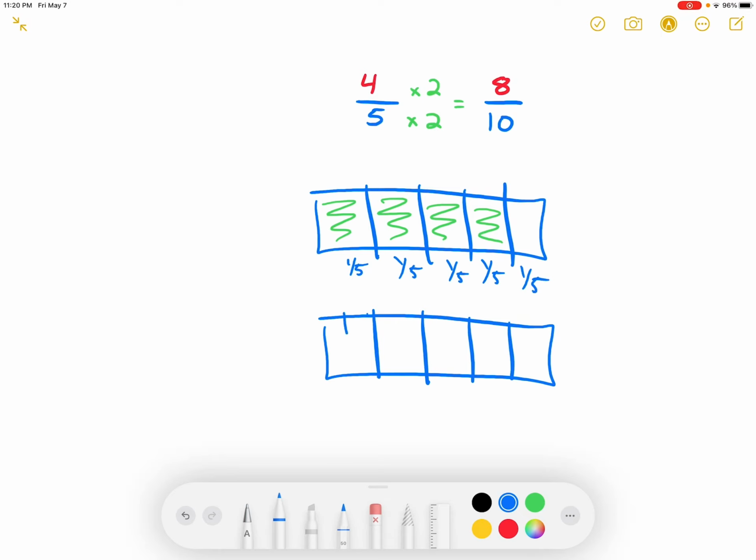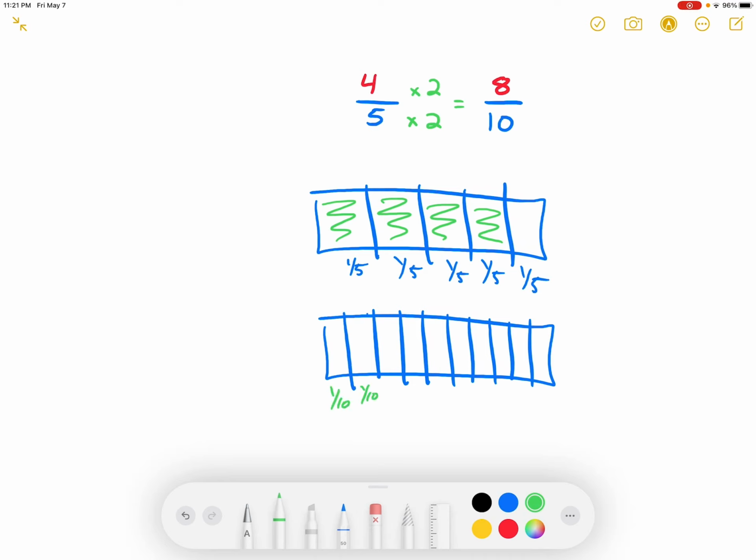Let's cut that into 10 pieces: 1, 2, 3, 4, 5, 6, 7, 8, 9, and that's 10, right? And then it should be the same exact thing, 8 out of 10.